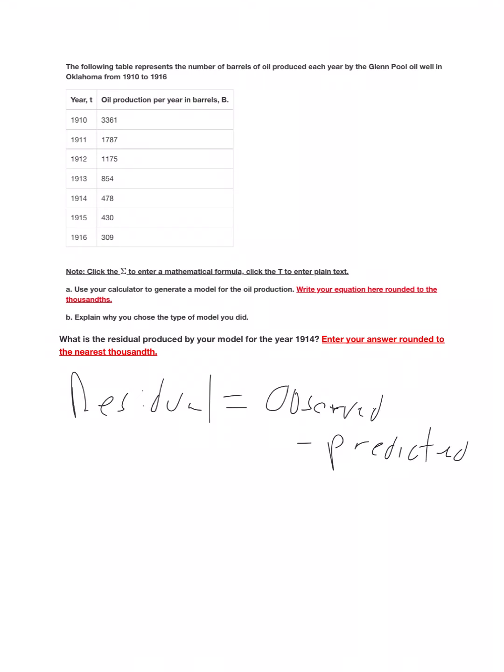In other words, what the table shows me minus what my formula tells me should happen. It's what my table shows me did happen minus what my formula tells me should happen. And we're just looking at that. It's a measure of how close we are, how accurate our model is for a particular point. All right, so that's all I'm going to say for number 6.